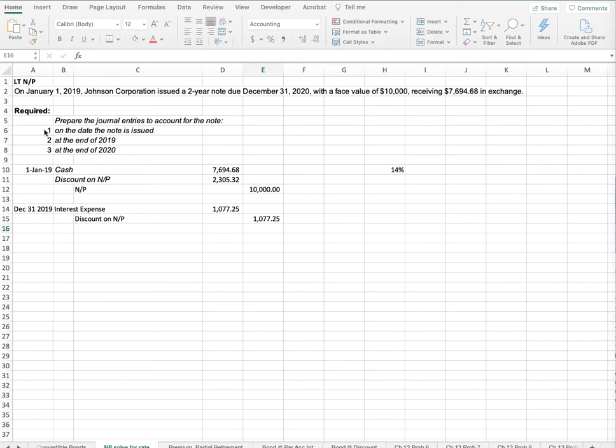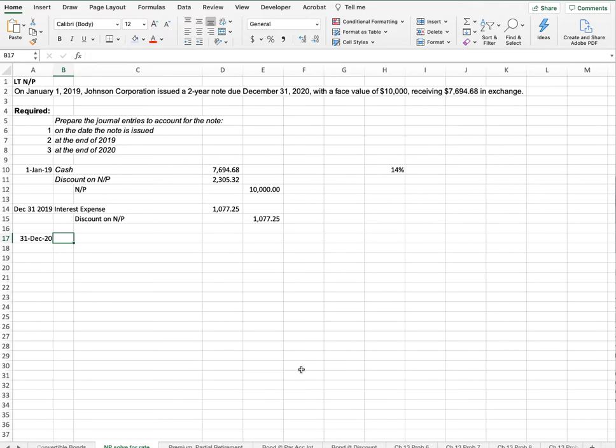and then December 31st, 2020. And in this entry, we're recognizing the interest expense and dealing with the payment on this notes payable, or the elimination of the notes payable.